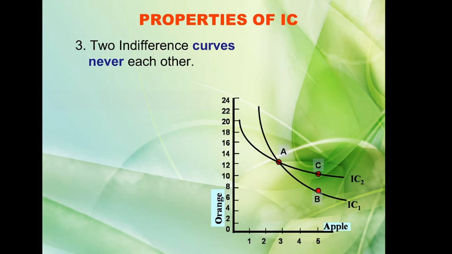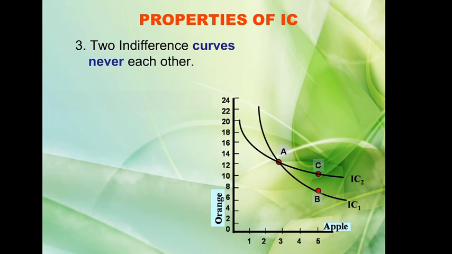Now we will see the next property, that is two indifference curves never intersect each other, because each combination on a curve gives the same level of satisfaction, right? If they intersect at one point, that means one good, for example apple, appears in two combinations.